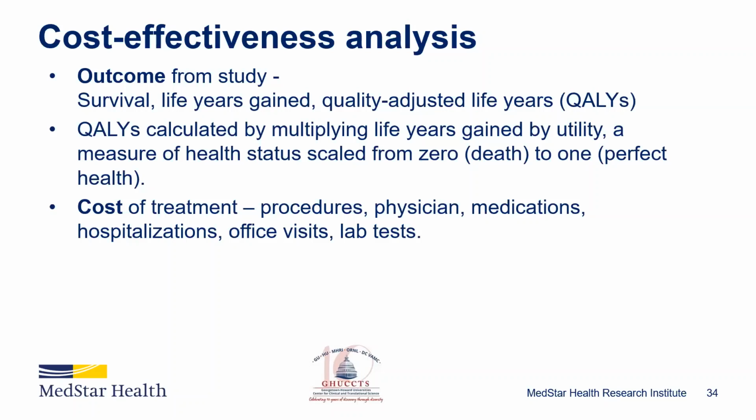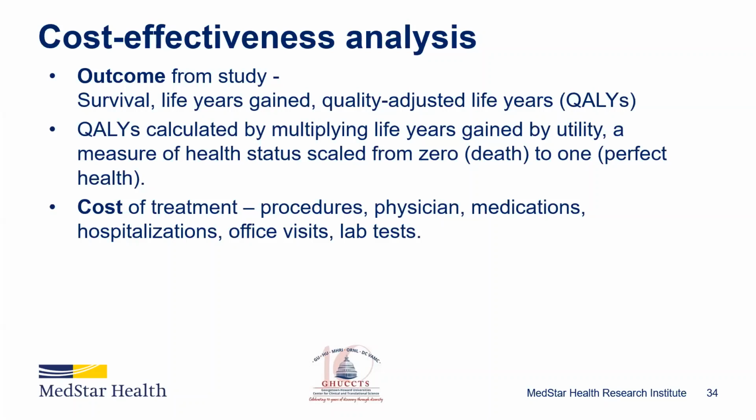Usually you can get a utility value for each patient in several ways. Many studies have a patient-reported outcome where patients rate their health status before or after their treatment.